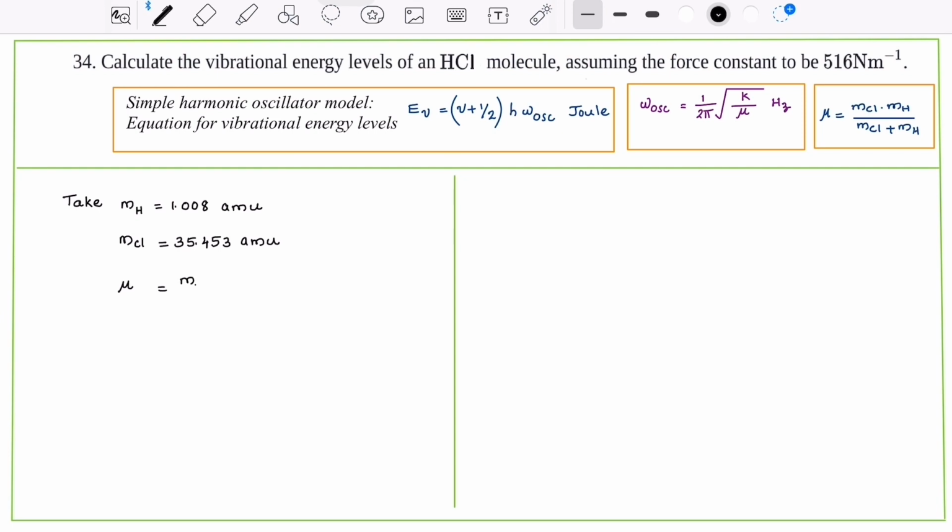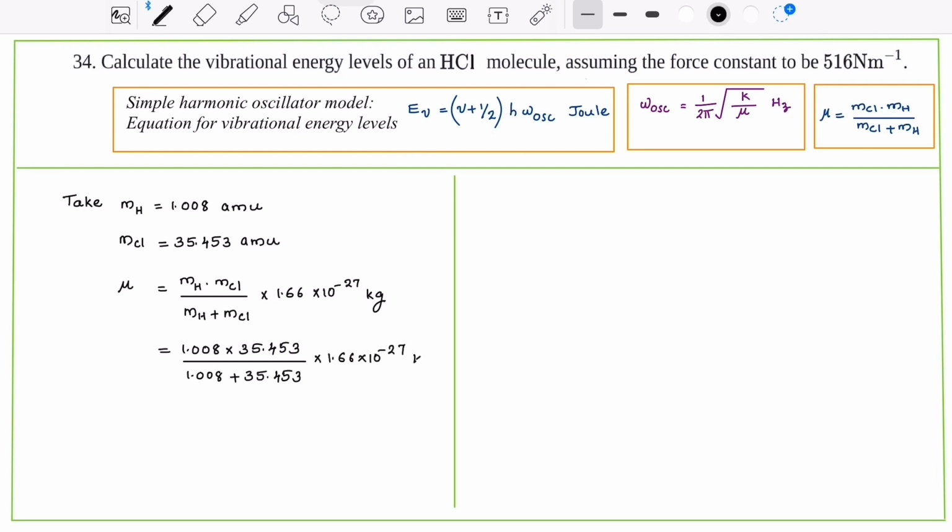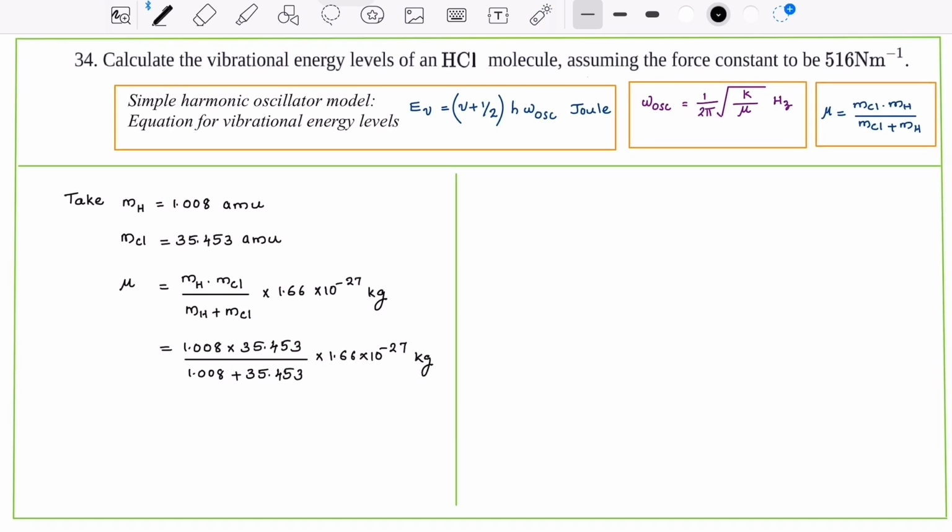Then the reduced mass of HCl molecule is mass of hydrogen into mass of chlorine divided by mass of hydrogen plus mass of chlorine, into 1.66 into 10 raised to minus 27 kilogram, that is 1.008 into 35.453 divided by 1.008 plus 35.453, into 1.66 into 10 raised to minus 27 kilogram.